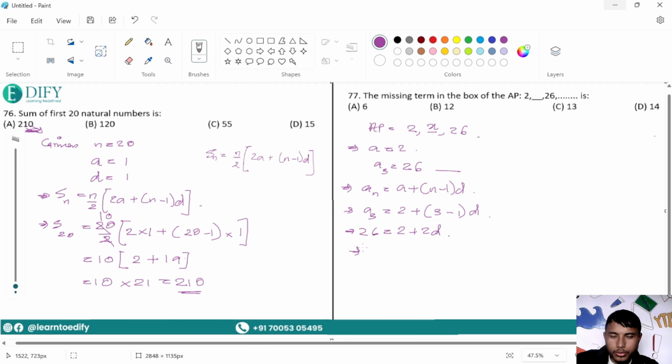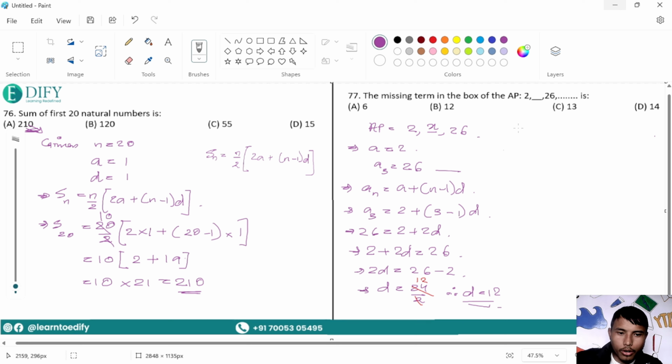Then we transpose everything: 2 plus 2d equals 26, so 2d is equal to 26 minus 2. Then d is equal to 24 by 2. With cross cancellation, therefore d is equal to 12.